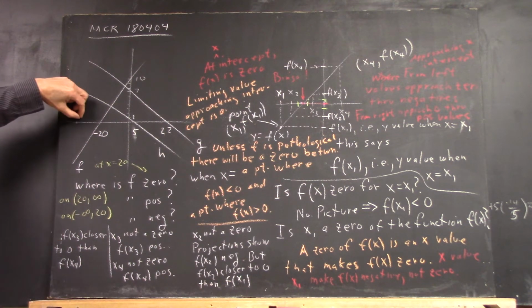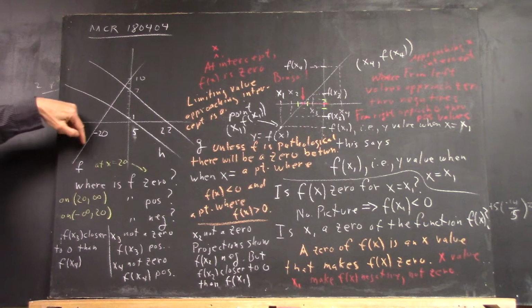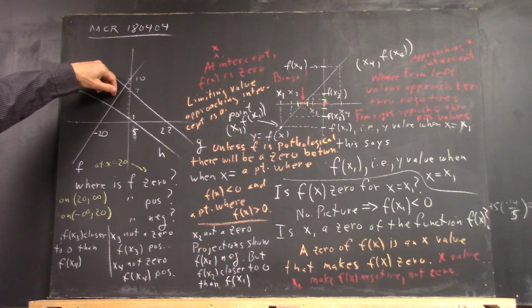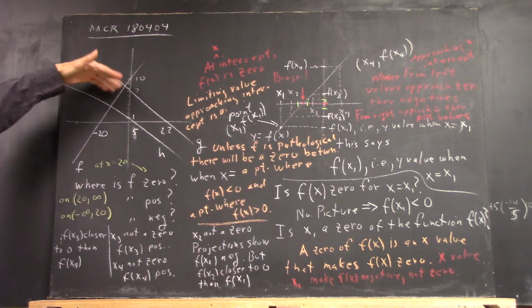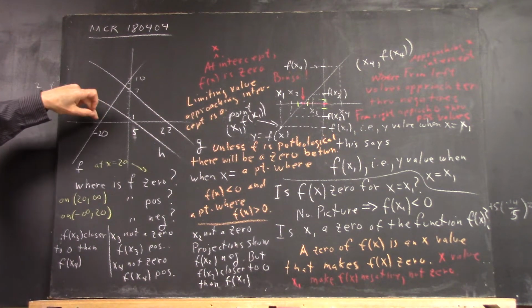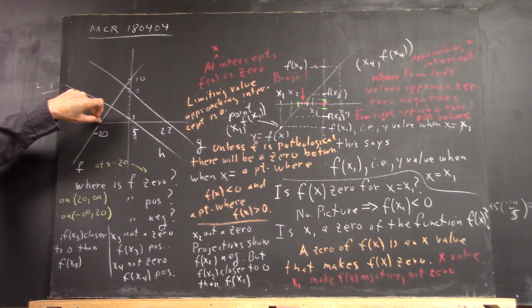So if x approaches negative 20 from the left, the corresponding y values approach 0. And then if you approach negative 20 from the right, the corresponding y values also decrease, don't they? And they eventually hit 0 here, don't they? So this is a 0, and you need to understand that that's what a 0 is, and that's what it means to be a 0.